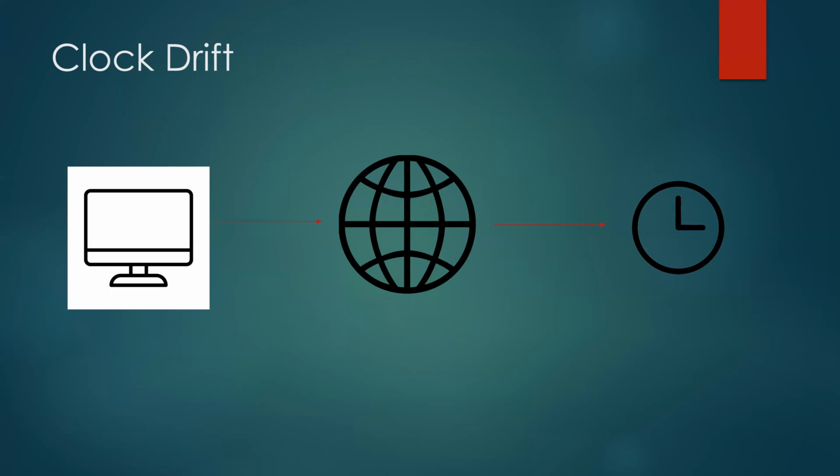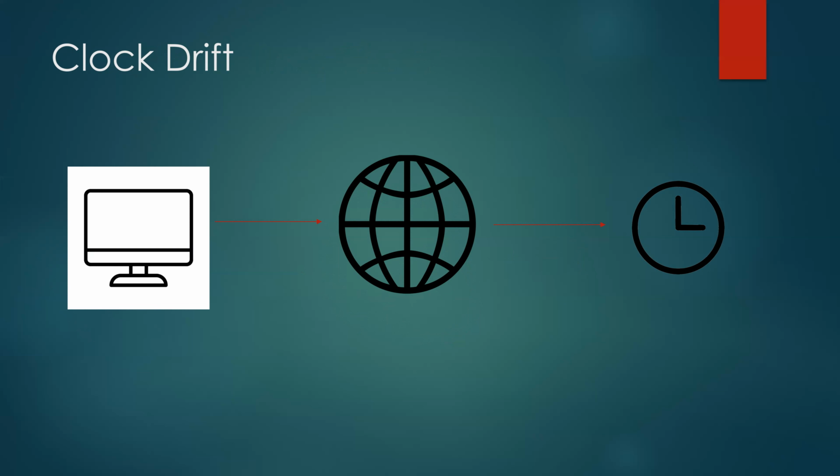We use clock drift. This is a diagram of a computer connected to the atomic clock at the end here. The inaccuracy of the RTC is what causes the clock to go behind or ahead of the time, which is known as clock drift.